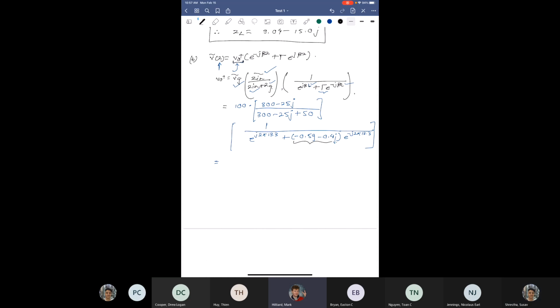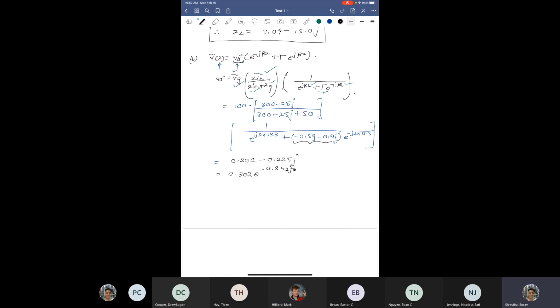Rectangular is 0.201 minus 0.225j. Polar is 0.302 times e to the power of negative 0.842j. Let's see if that matches the one I had.